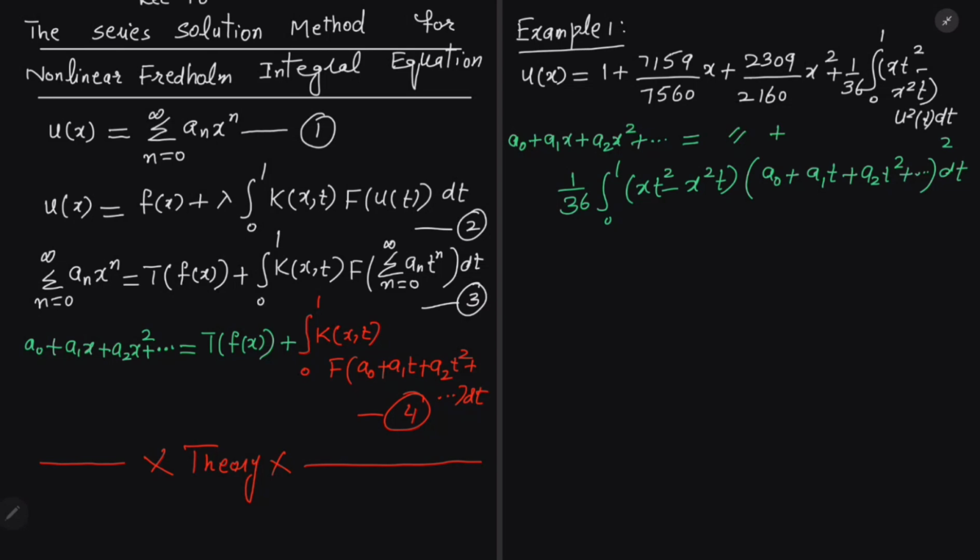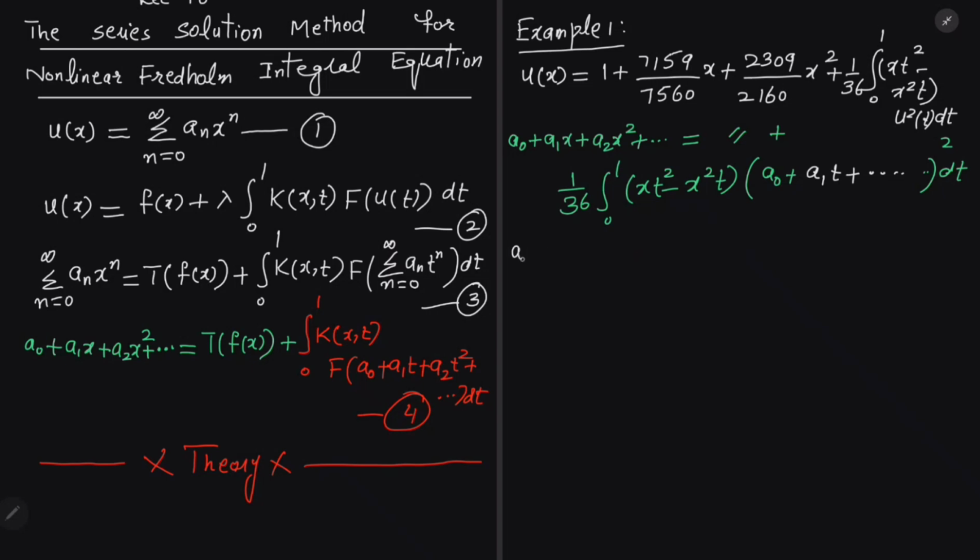Now it is not as simple, I should say. We need to first take the square of this series. You can take maybe a few terms over here. a0 plus a1 t, whole square. There will be infinite terms, but we cannot take the square of infinite terms.